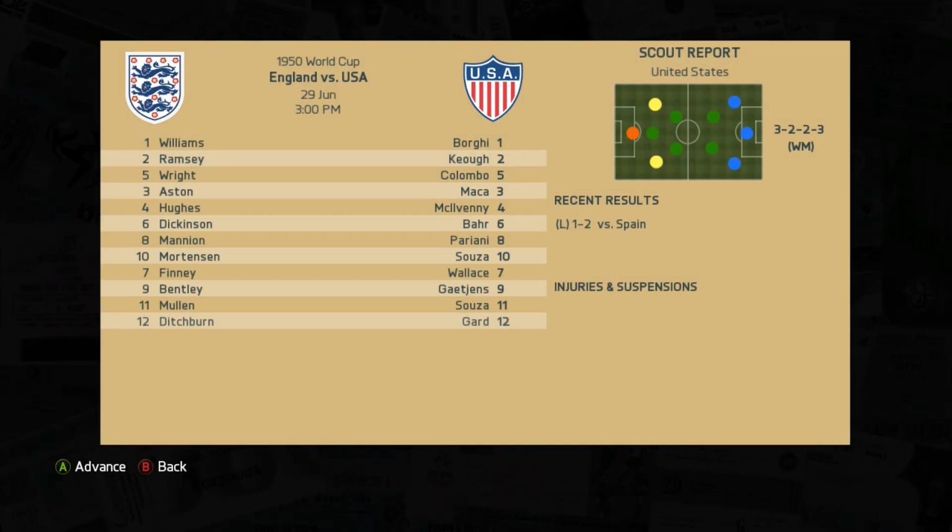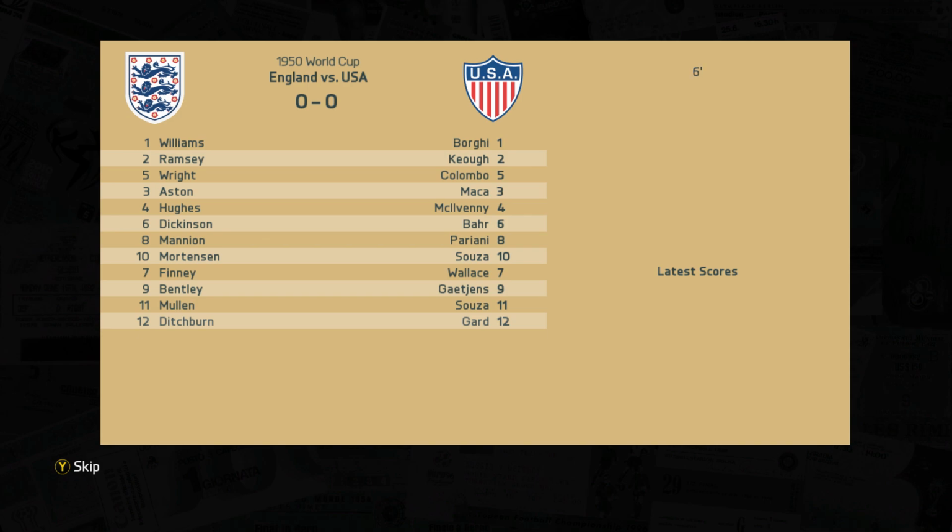England against USA. 29th of June, 1950. England score, 12th minute. Dickinson. England score again, 24th minute. 2-0 up. England score again, 47th minute.